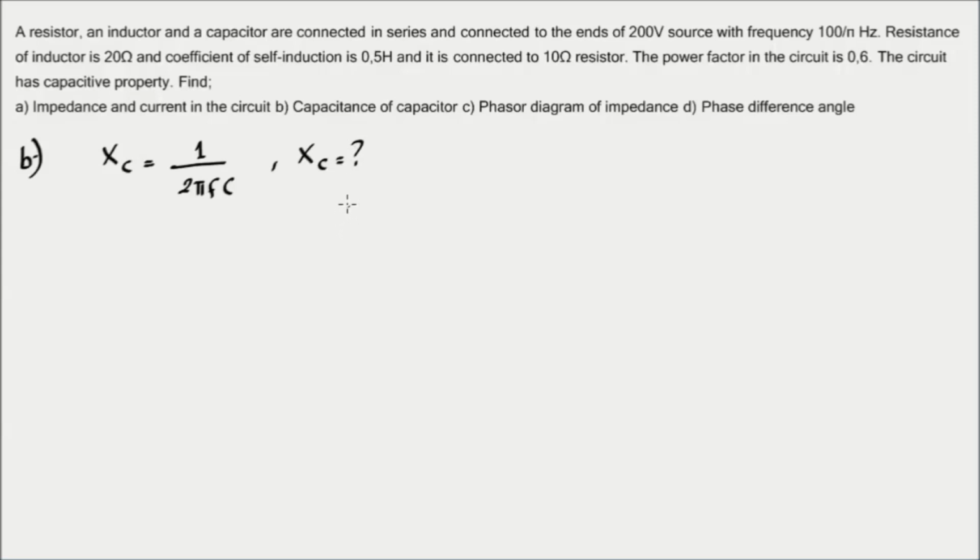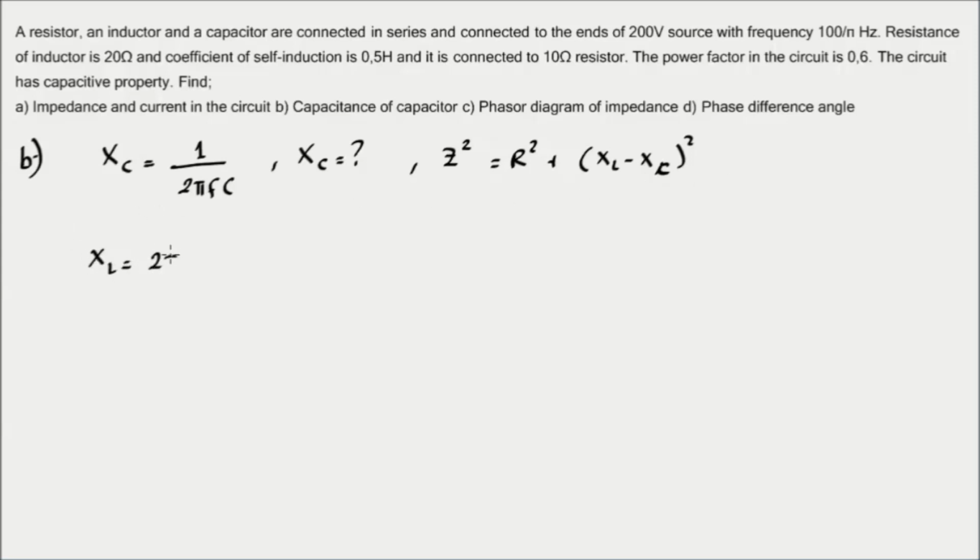And how can I calculate XC? Z squared equals R squared plus (XL minus XC) squared. And I have to calculate XL. XL is not given.